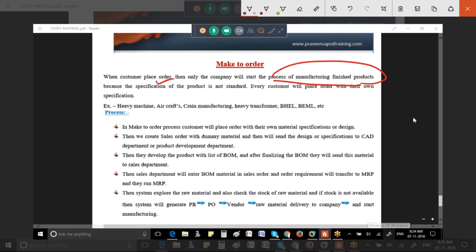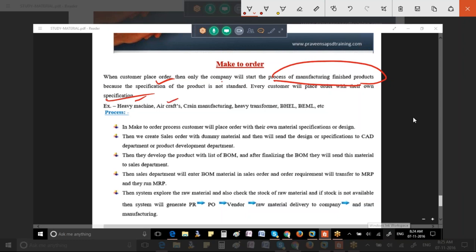The specifications are not standard. Examples: heavy machinery like turbines, transformers, aircraft.